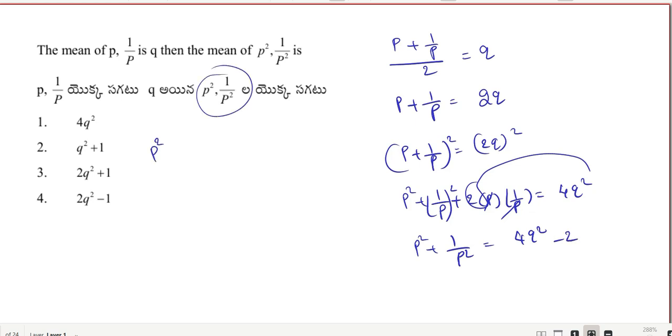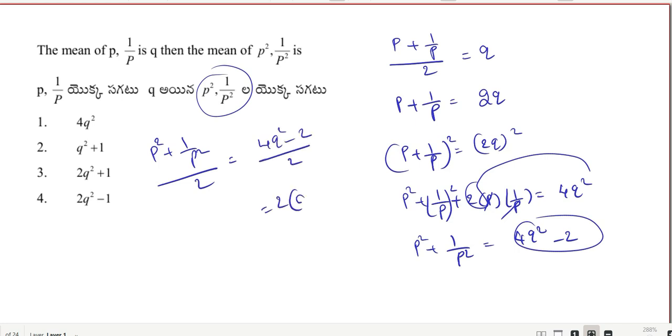So mean means what? Sum of observations by 2. Sum of observations, what we got? 4Q square minus 2 by 2. I'm taking 2 as common in the numerator. So 2Q square minus 1 by 2 will get the answer. So the required answer is what? 2Q square minus 1. That is, our fourth option is the correct one.